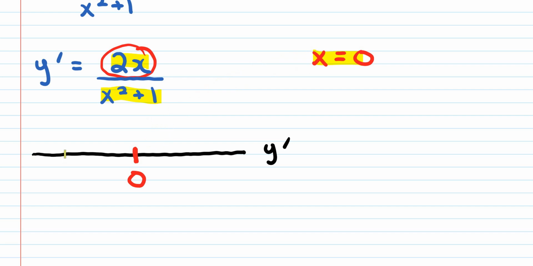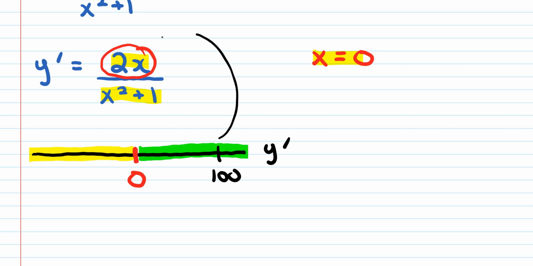So I have two regions, one to the left of 0, and one to the right of 0. Okay, so if I go ahead and pick a number on the right-hand side, such as 100, if I plug that in over here, 2 times 100 is going to be positive, and the denominator is always positive, so this means this region should be positive. Okay, so that's step 1 of my first derivative test.